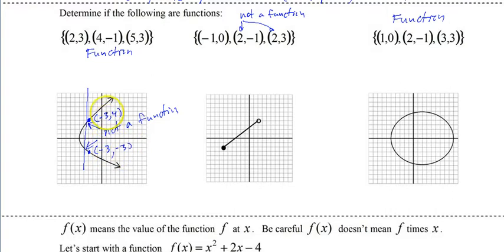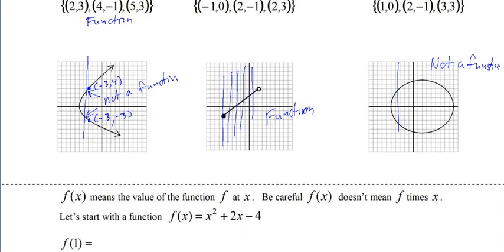You see the repeating x? So if you draw vertical lines and each vertical line goes through the graph one and only one time, then it's a function, like on this one. One time, one time, one time, one time, one time, function. But if you can draw a line and it goes through more than once, twice, 3 times, it's not a function.